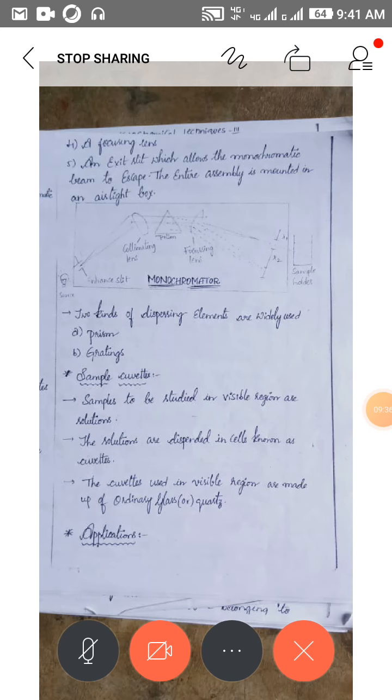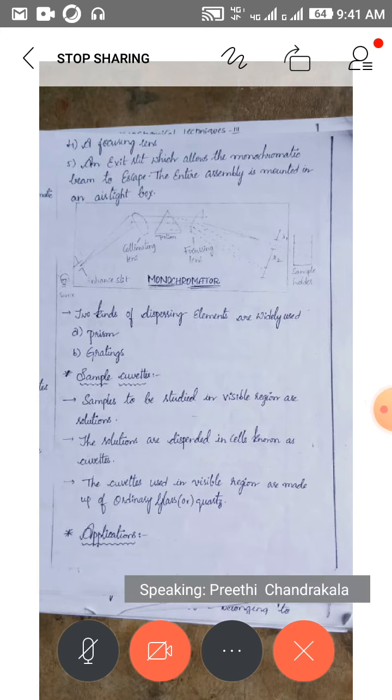This is the diagrammatic representation of a monochromator, which contains entrance slit, source, and prism, etc. And we use sample cuvettes for sample loading. These cuvettes are made up of ordinary glass or quartz.